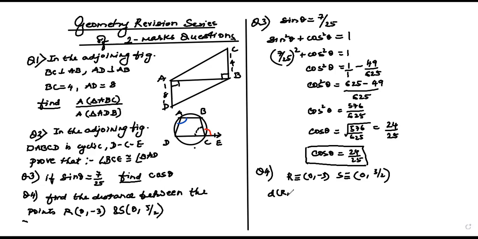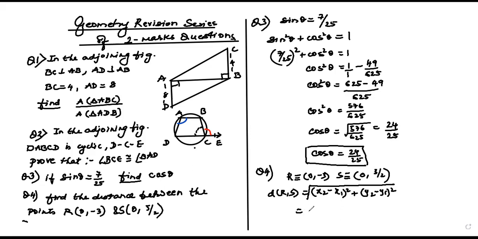Distance between R and S should be, children, I'm so sorry, root of x2 minus x1 the whole square plus y2 minus y1 the whole square.